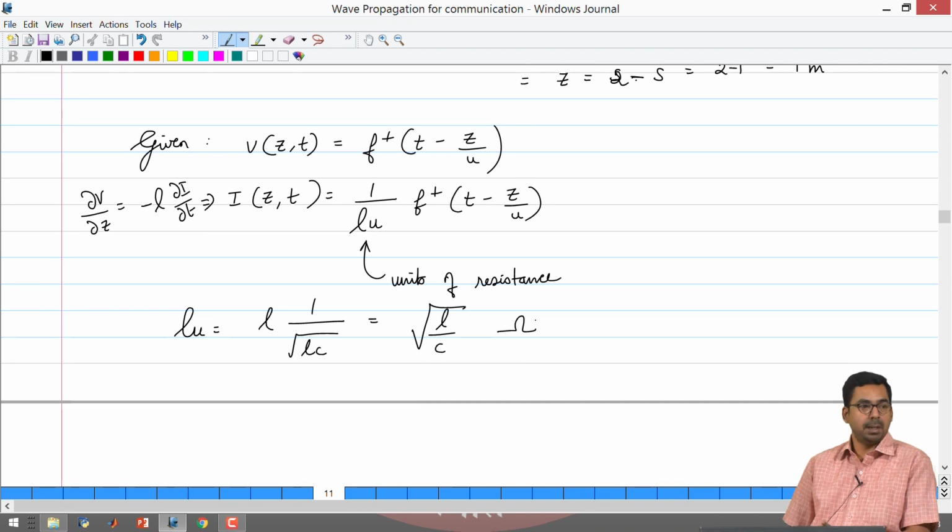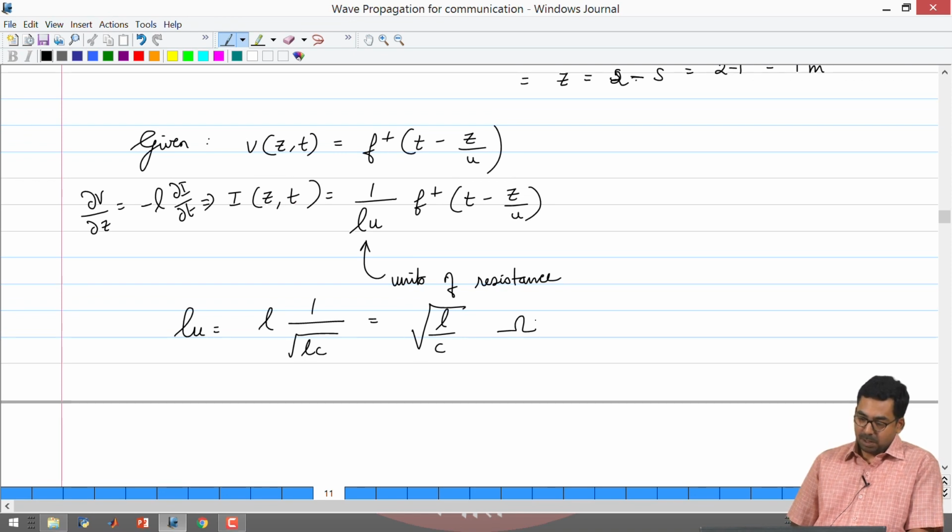Here in the transmission line, the square root of your inductance per unit length divided by the capacitance per unit length is actually having the unit of ohms, which is a resistance. Okay. So, it gets a little confusing why you are having some passive elements which do not actually dissipate any power to look like resistance. Okay. So, some results are very, very counterintuitive, that is why we are going over it step by step.